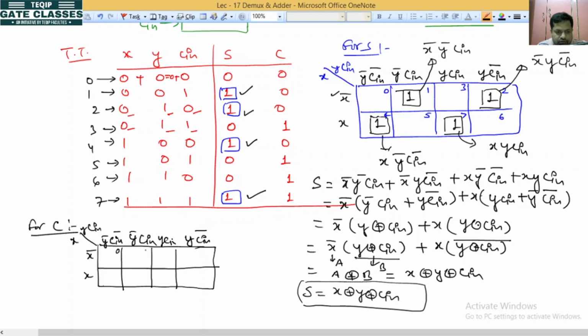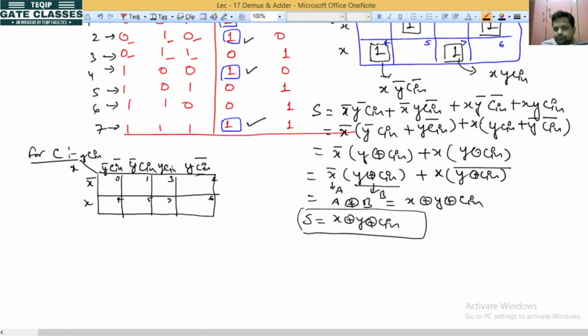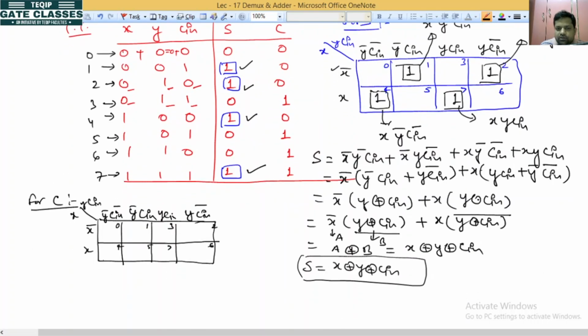So it is 0 1 2 3 4 5 6 7. So if you see the carry, it is 1 at 3 5 6 7.